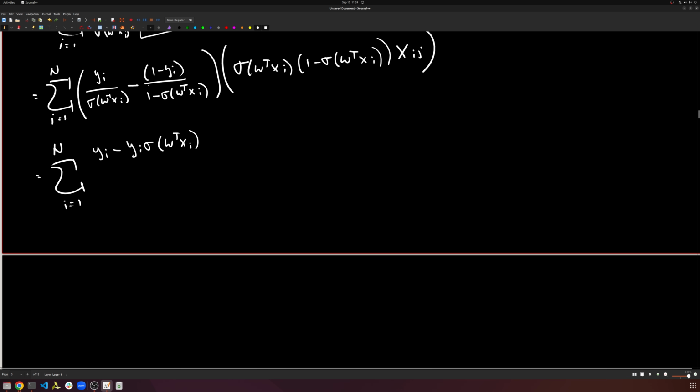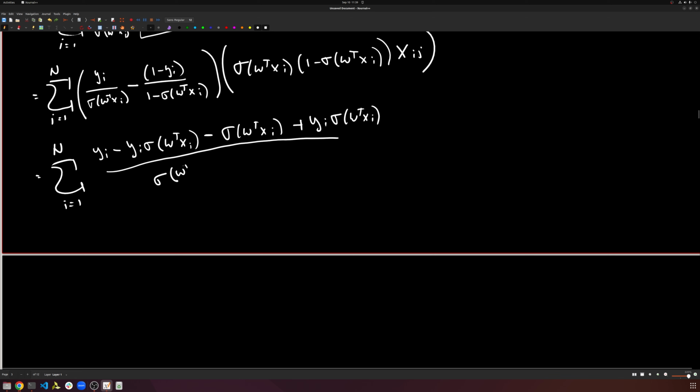So that's this times this, minus 1 minus yi times sigmoid w transpose xi. And this negative and negative will make a positive, so this will be plus yi sigmoid w transpose xi. And this whole thing will be divided by sigmoid w transpose xi times 1 minus sigmoid w transpose xi. You can start to see some stuff that we saw before return.